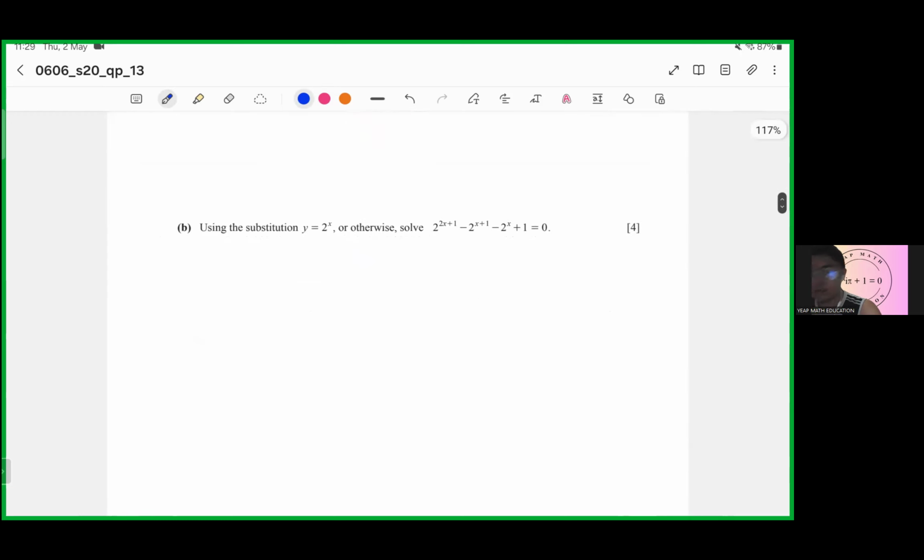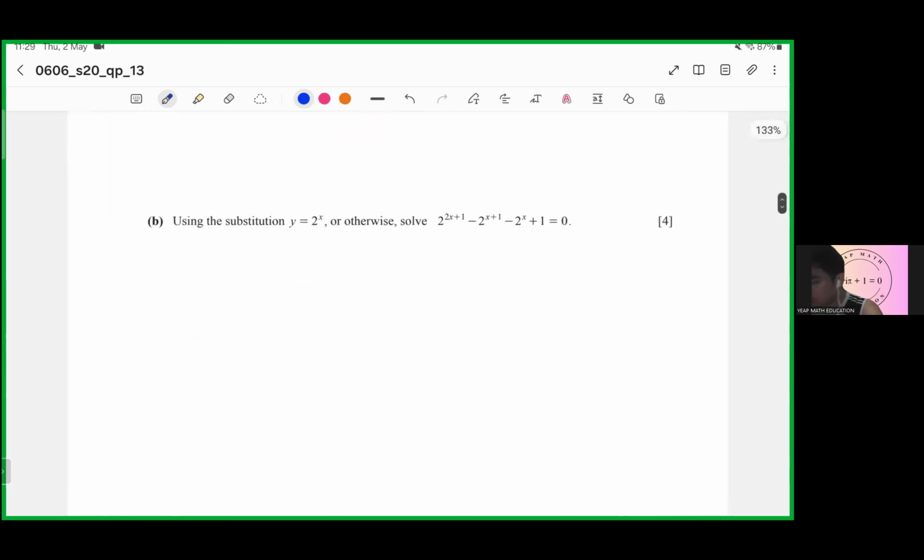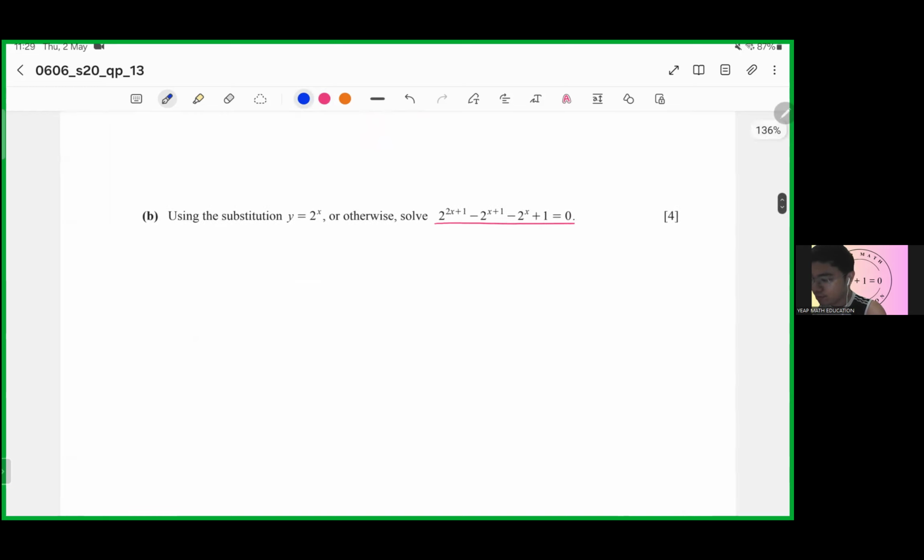Using the substitution y equals 2 to the power of x, or otherwise, solve these equations. Actually many people don't know how to solve these equations. First I copy these equations.